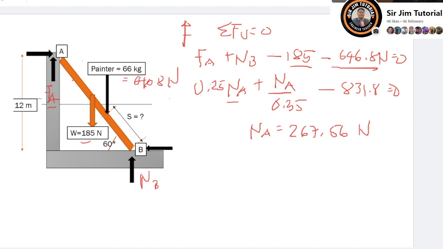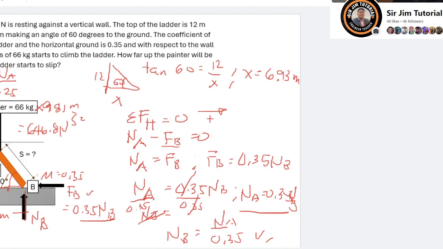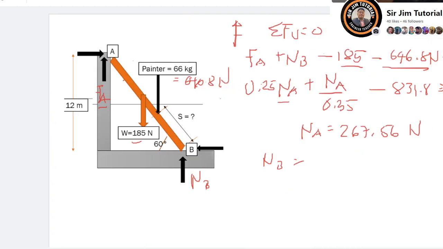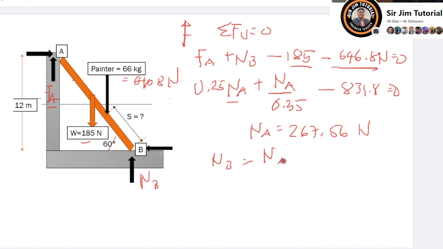267.56 Newton. Okay, so we can also calculate NB actually, because NB is equal to, as you see here, NA over 0.35. Substituting it will give you 267.56 divided by 0.35.